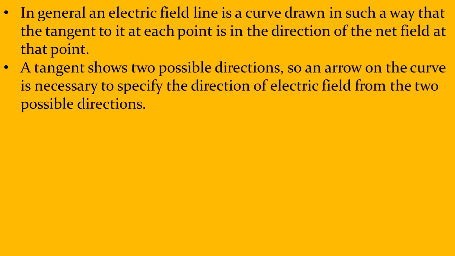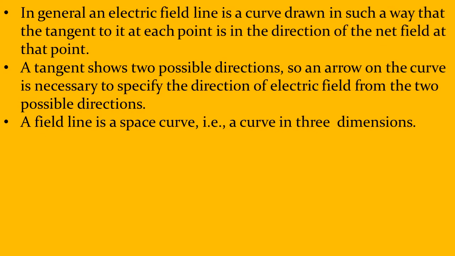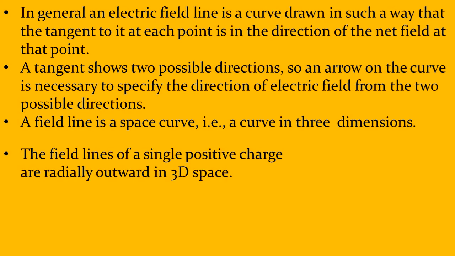A tangent shows two possible directions, so an arrow on the curve is necessary to specify the direction of the electric field from two possible directions. A field line is a space curve. It is not a curve drawn on a piece of paper or on the flat computer screen. It is a curve in three-dimensional space.